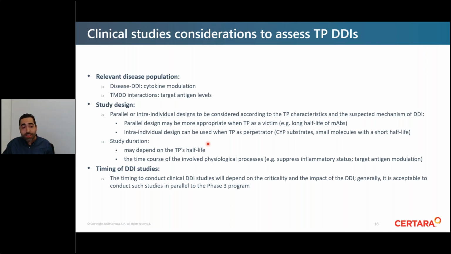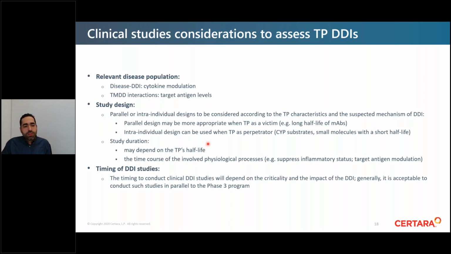These are small molecules with a short half-life, so you can easily have a washout between the two administrations. In terms of study duration, this will also depend on the therapeutic protein half-life and the time course of the involved physiological process. There is a time necessary to suppress the inflammatory status, or for example, to modulate the antigen. Generally, the duration of the study could be longer than we can see for small molecules.